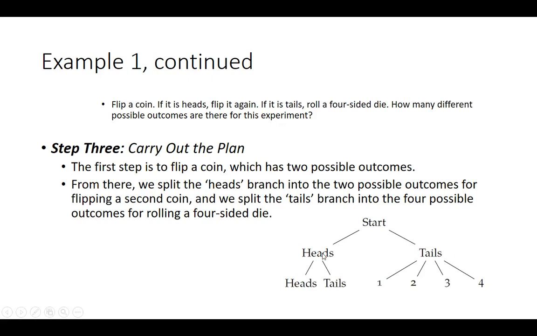From there, the heads branches out into heads or tails because we would flip another coin if we flipped heads. The tails, if that came up, we would be rolling a 4-sided die, and the 4 possibilities there would be a 1, a 2, a 3, and a 4.